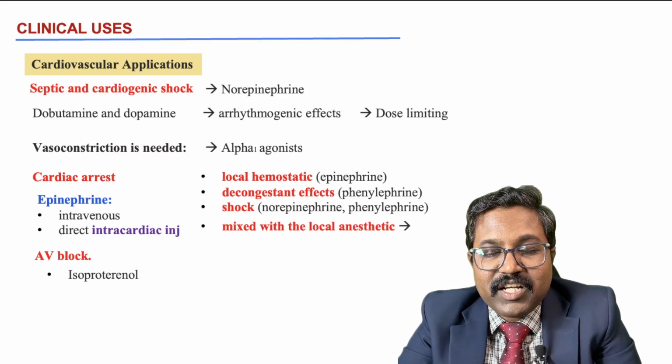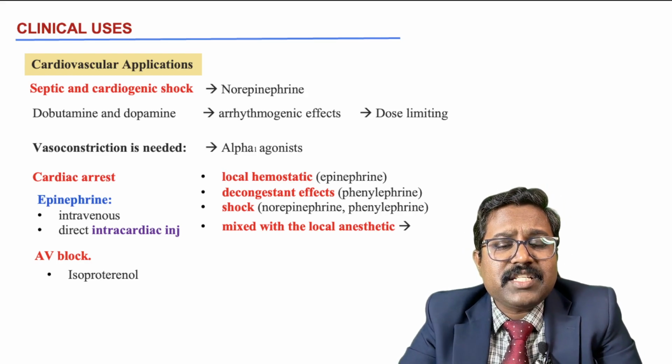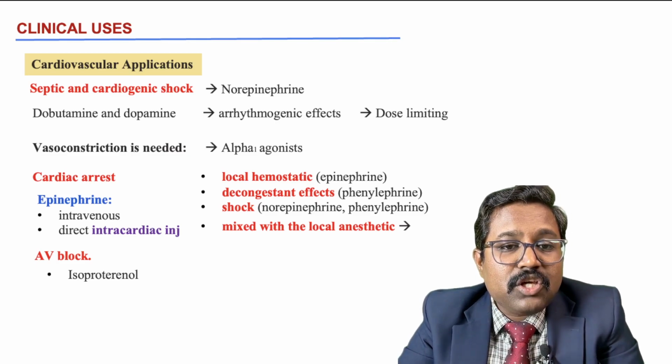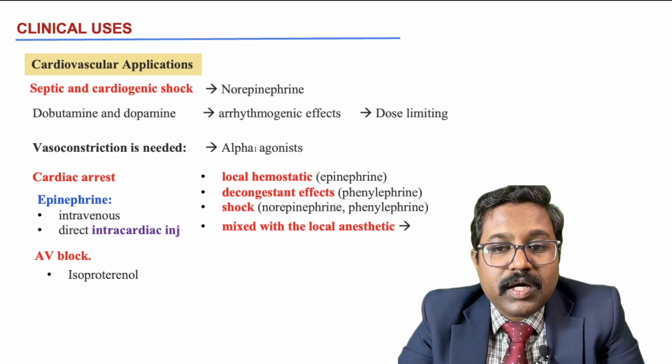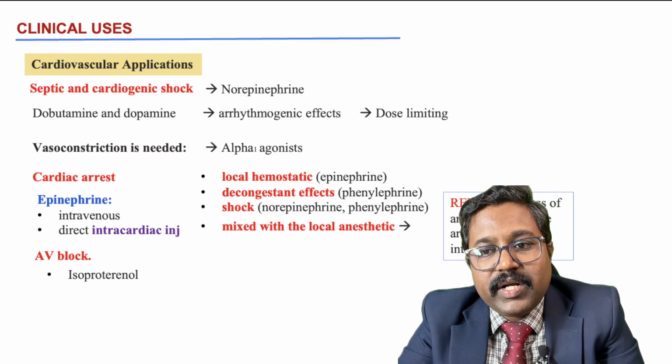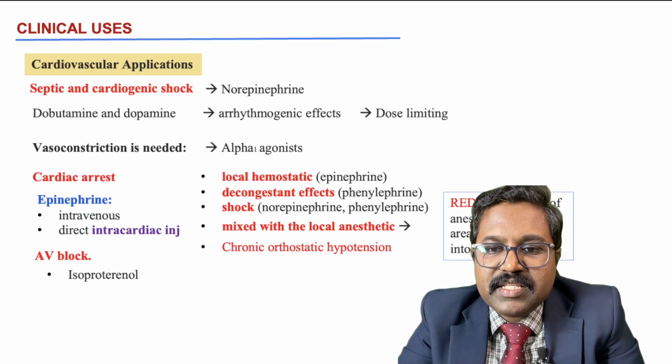They can be mixed with a local anesthetic agent to increase its duration as well as to decrease the systemic toxicity, so that you can use lesser dosage of the local anesthetic, reducing the loss of anesthetic from the area of injection into the circulation.